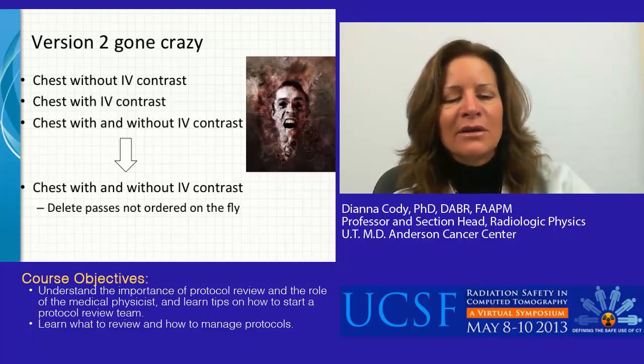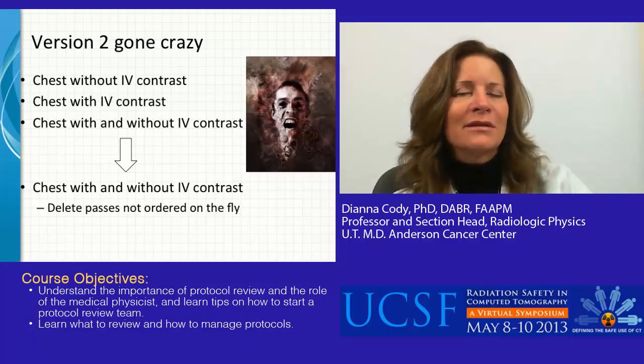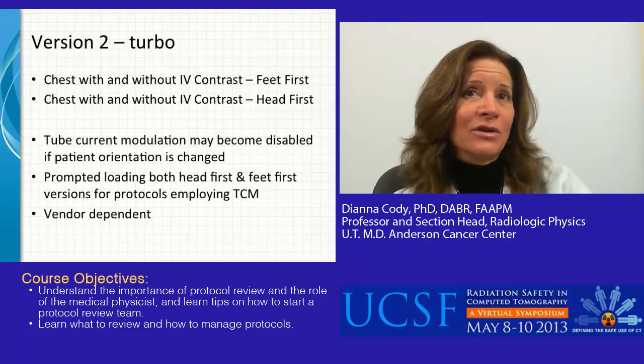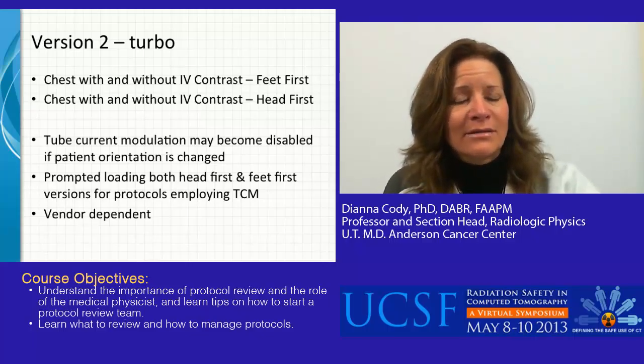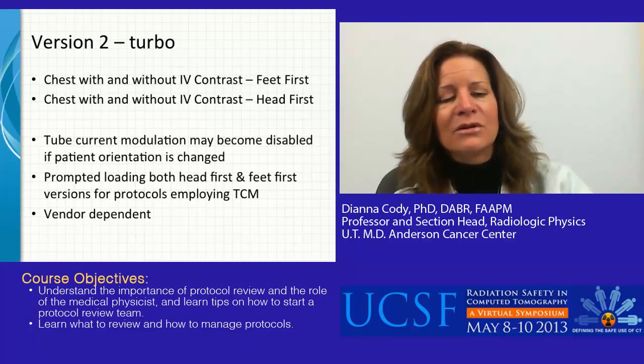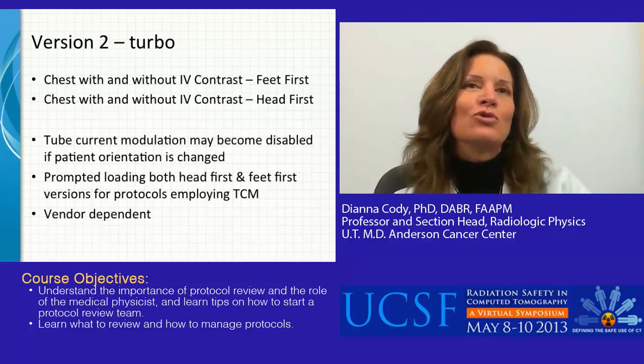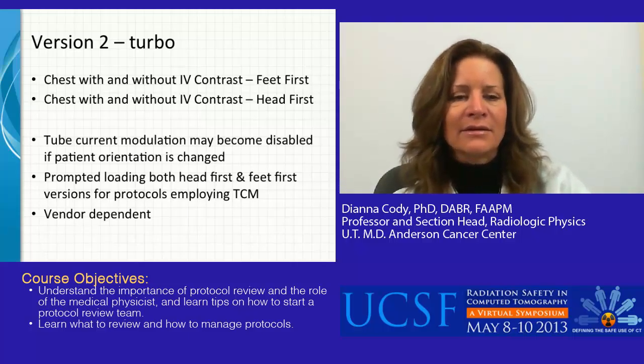So what we've done is combine all those, consolidate them into a single protocol that includes the chest with and without IV contrast, and we ask the technologists to delete the passes that were not specifically ordered on the fly. It doesn't take very long to remove things. What takes a long time is to change, modify, and add things.